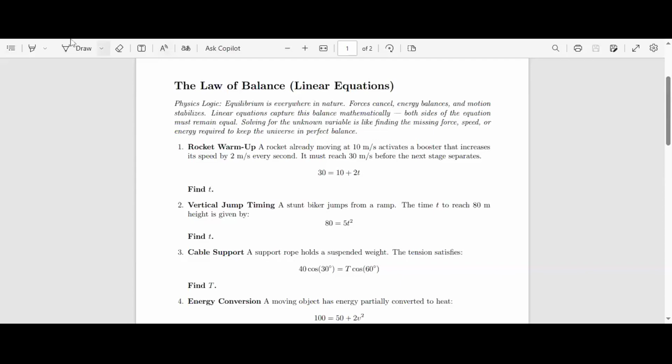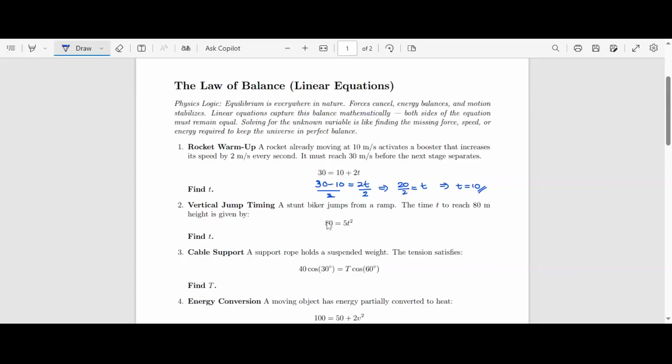So we'll quickly do that: 30 minus 10 equals 2t. Then you divide both sides by 2 in order to isolate t. 30 minus 10 yields 20, and when you divide it by 2, you'll get 10, right? So t equals 10.